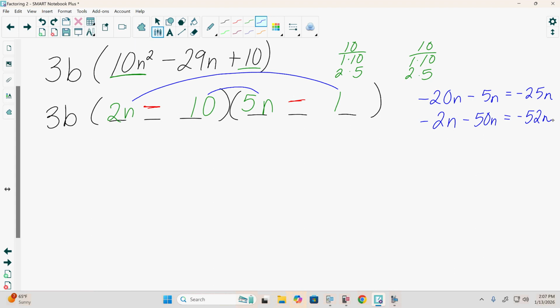Before we switch to 2 and 5, looking at this first set of parentheses, 2n minus 10, is there a common factor between 2n and 10? Common factor of 2. So if there's a greatest common factor here, we could actually factor it out. But was there a common factor of 2 between 10, 29, and 10?